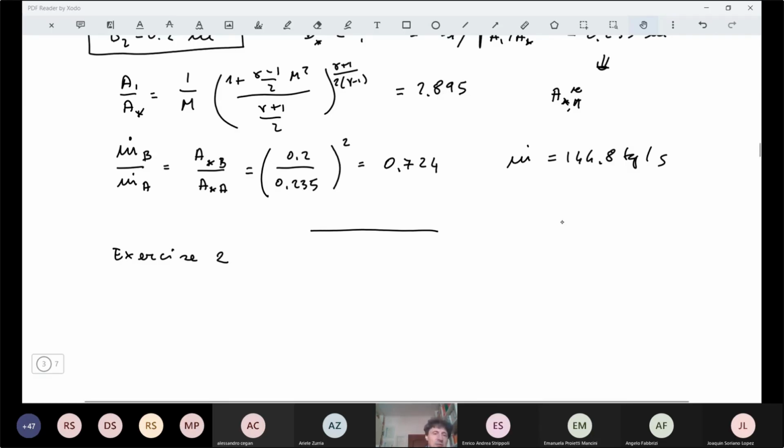So our cooling gas is methane with molar mass of 16 kilograms per kilomole, and we know that we have a hydraulic diameter of 2 millimeters and a length of 1 meter. So consider that this can be something reasonable for practical applications.